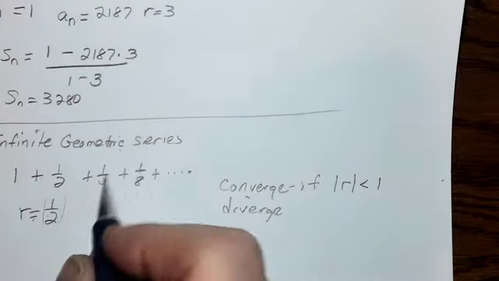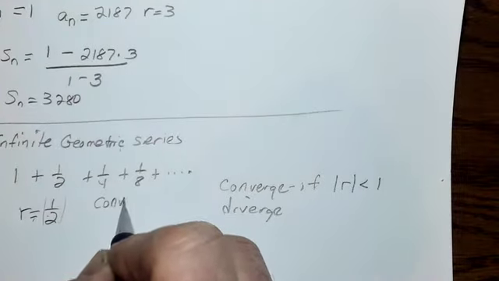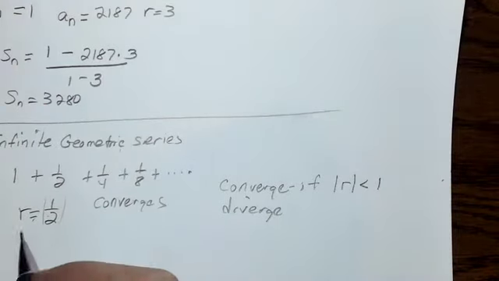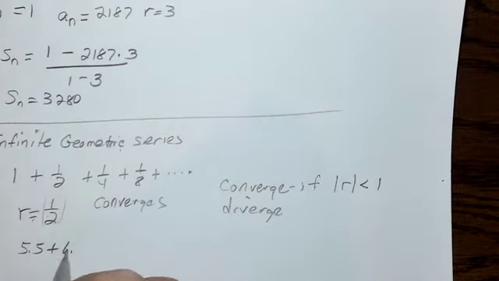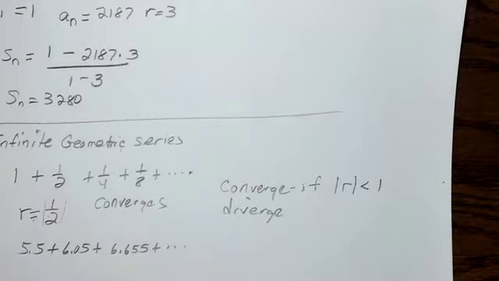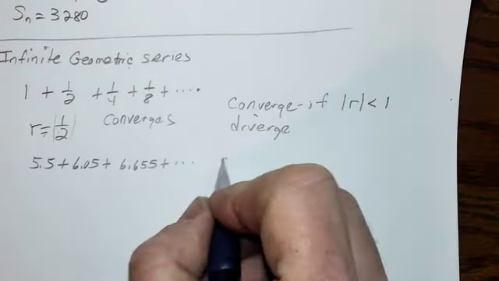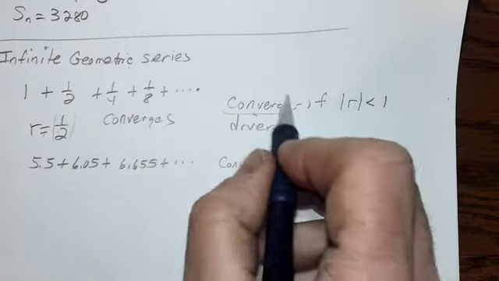So I know that this one converges. If I had one like 5.5 plus 6.05 plus 6.655 and so on, does that converge or diverge? It diverges.